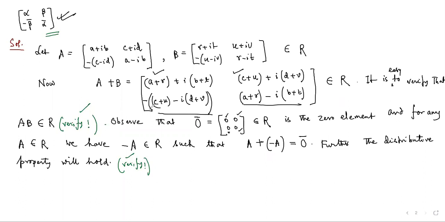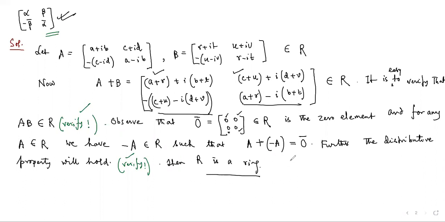So by these four things I have shown that the four properties, which are important for a structure to be a ring, are holding, and therefore we can immediately say that the set R is a ring.